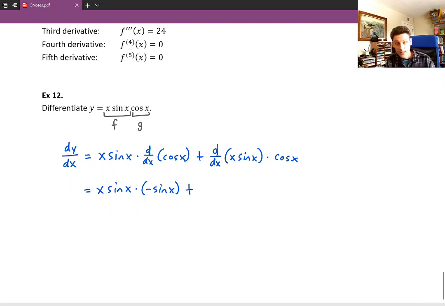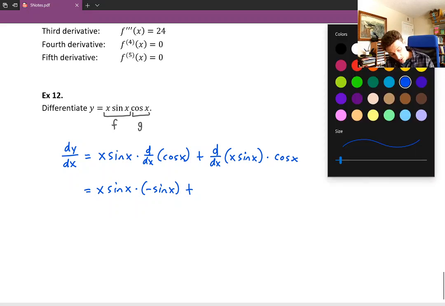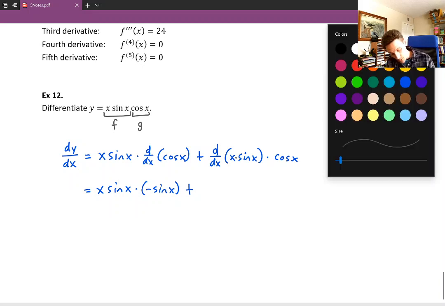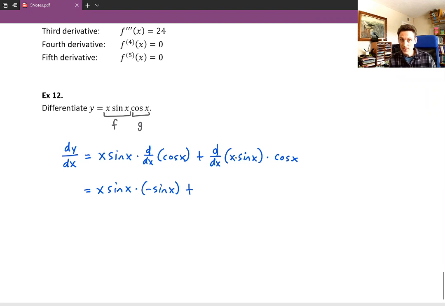Now, how to take the derivative of x sine x? What do you think you would do in that case? If you said use the product rule again, that's correct. After all, this is the derivative of the product of 2 functions, x and sine x. So we're going to go ahead and use this product rule to finish the problem off. Here I'm going to open up some brackets just to be safe.